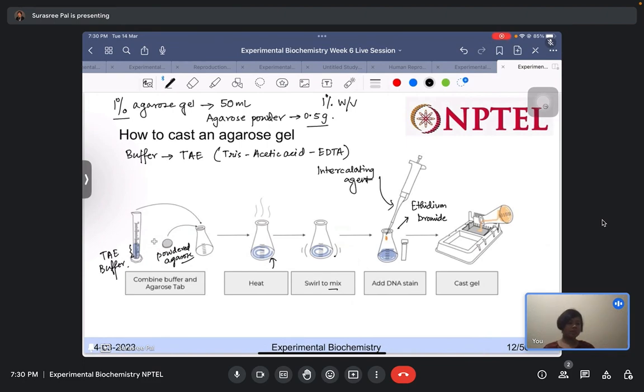This ethidium bromide is an intercalating agent, and so basically it can fluoresce when we observe it under UV light, and that is how we can visualize our DNA after our gel is run.